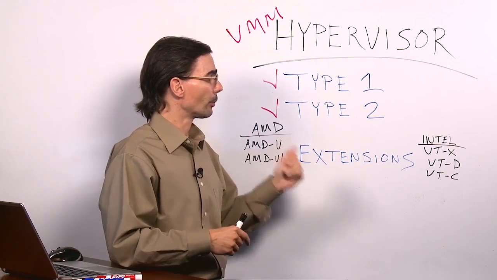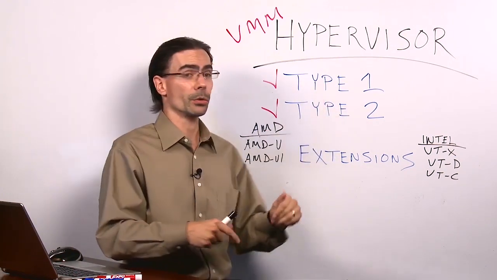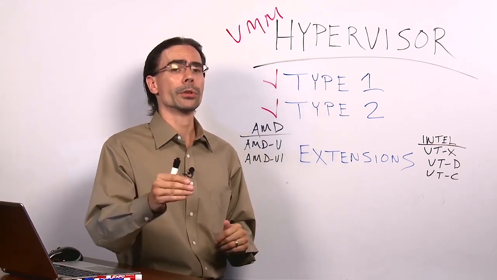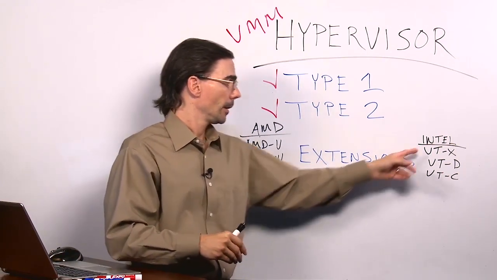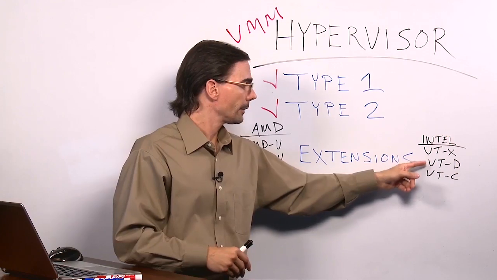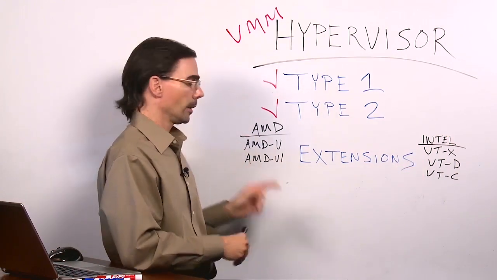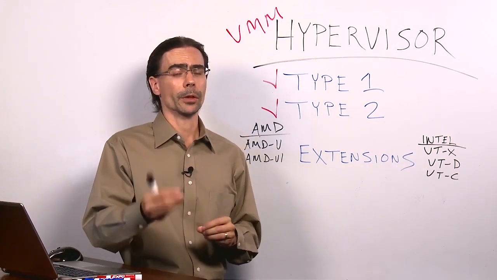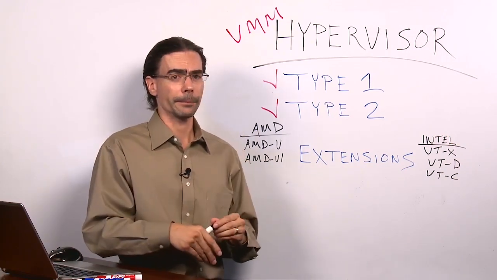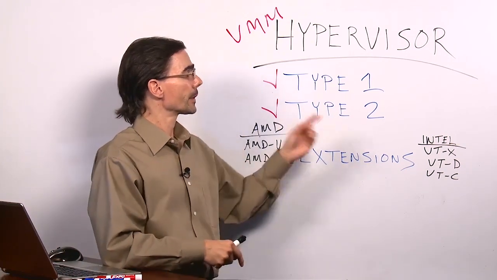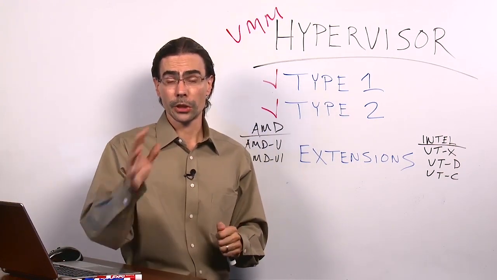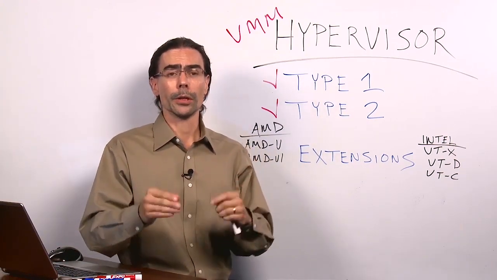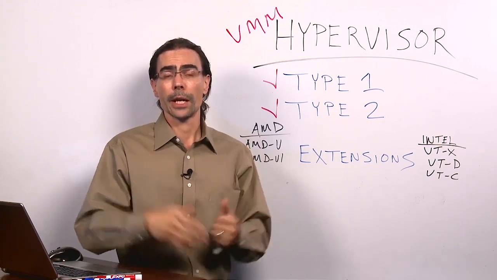So make sure that you're using the right CPU based on the hypervisor you want to run, and in addition, make sure that you turn on the correct extensions for the CPU and for the chipset, and you do that in the motherboard's firmware, in your BIOS or UEFI. So that's about it for this sublesson on hypervisors, and in the next sublesson, we're going to actually show some of the virtual software and show you how that works.